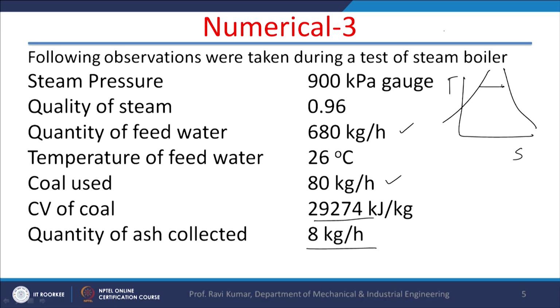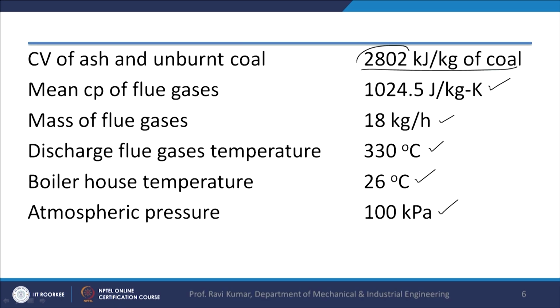Now the mass of the ash, if you remember, is 8 kg per hour. This is the amount of ash generated during the operation of the boiler. Calorific value of ash is given as 2802 kilojoules per kg.